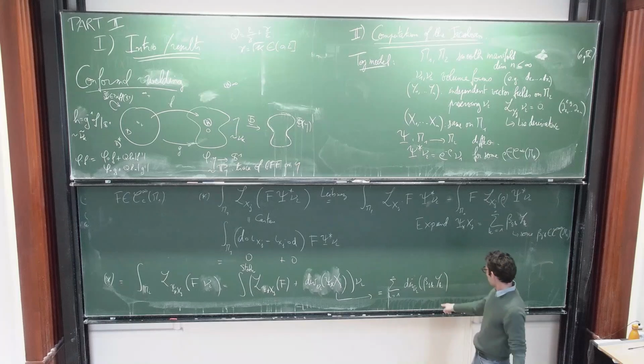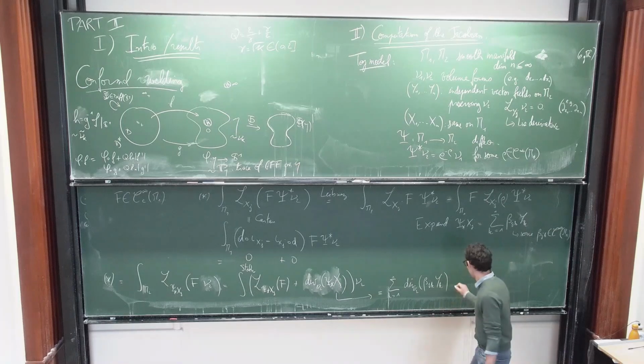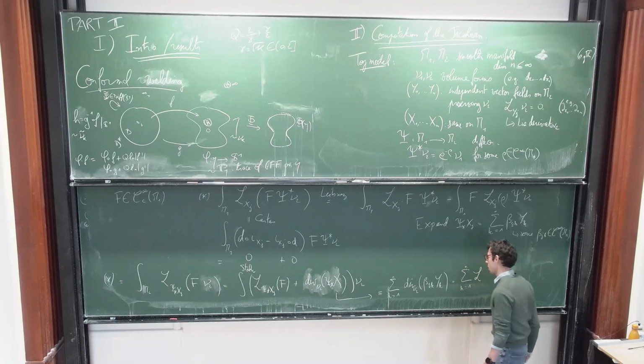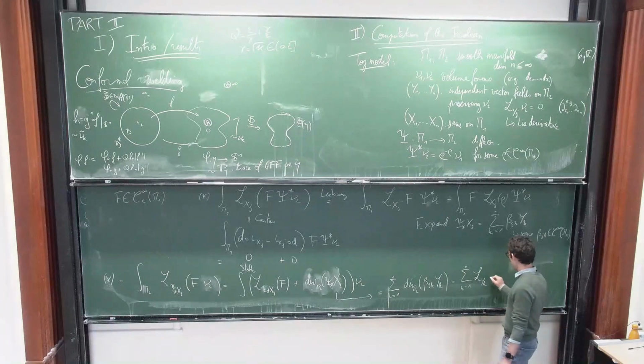But now I know that the yk preserve nu2, so I just get the sum from 1 to n of the derivative with respect to yk of beta jk.